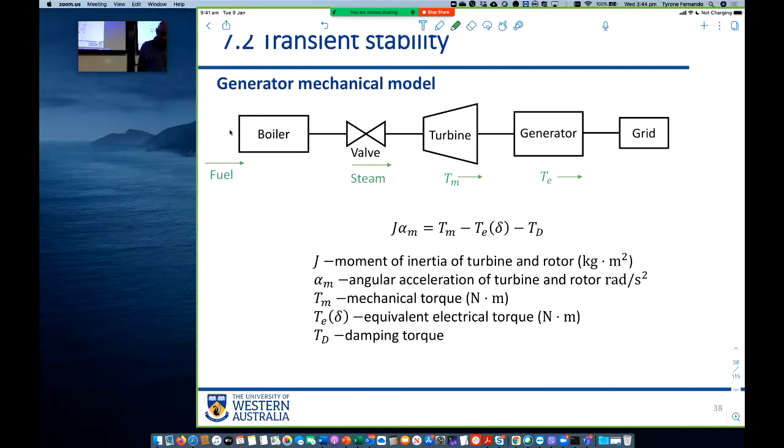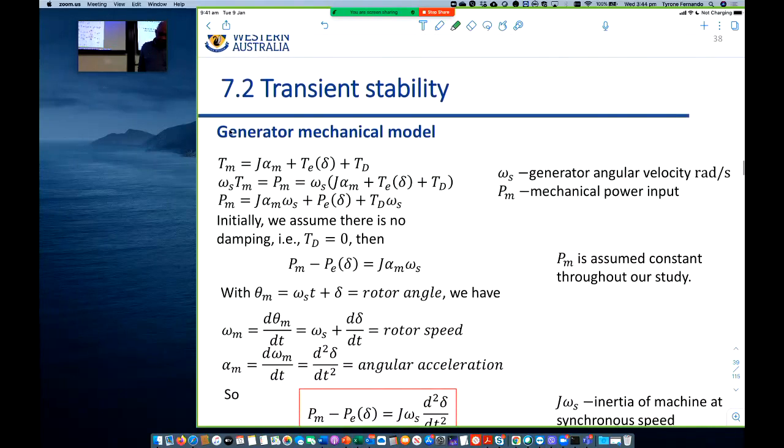Yeah. Okay. So that's what we got. So here we can say that the mechanical torque must equal the inertia times angular acceleration plus, I've taken the term electrical torque from the left hand side to the right hand side, right? And I've also taken the friction torque from left hand side to the right hand side.